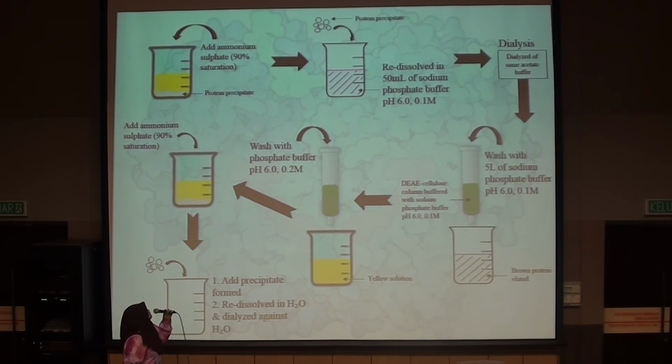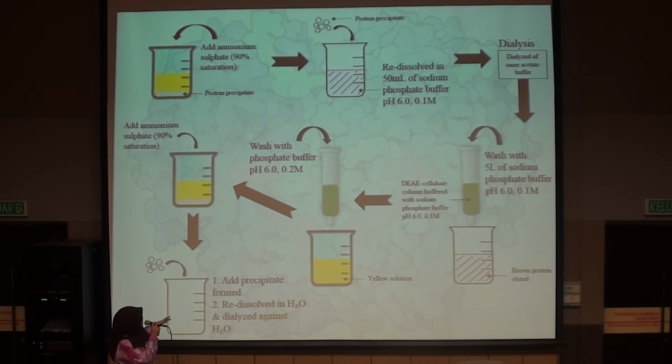Next, ammonium sulfate is added to form a protein precipitate, and the precipitate will be redissolved in sodium phosphate buffer. Then it will be dialyzed again and added into a different column, a DEAE cellulose column buffered with sodium phosphate buffer, and again it will give a yellow solution.